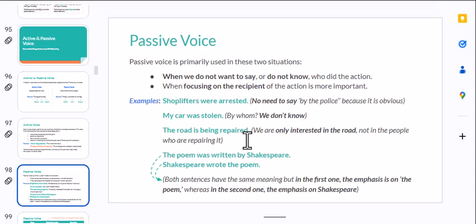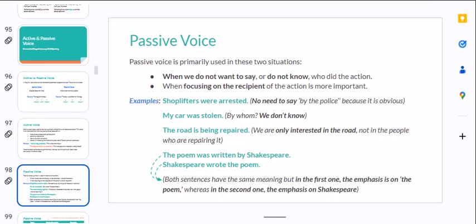We are only interested in the road. We don't really care about the people who are repairing it. We just focus on the road. The same as the previous sentence, My car was stolen. I don't know who did this action. Of course, it's a thief, but I don't know who did that.